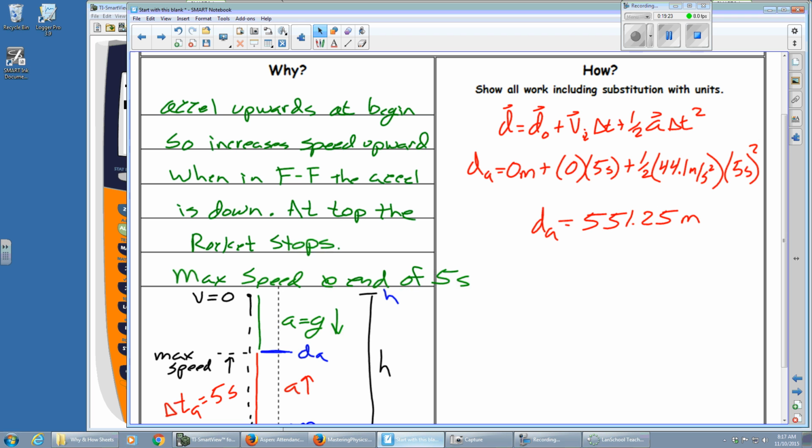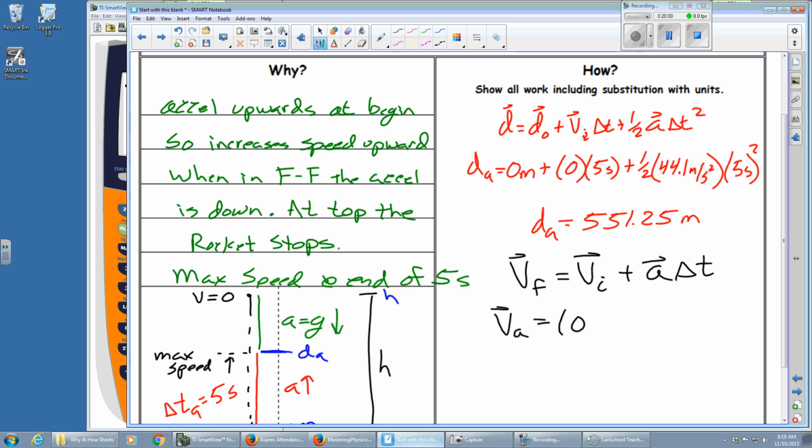I'd like to know how fast I'm going at that time. So for that, I'm going to use V final equals V initial plus A delta T. V final will be my max speed there. I don't know what that is, so I'm going to call it VA, the velocity at that point where the acceleration ends. I know my V initial, it's 0.